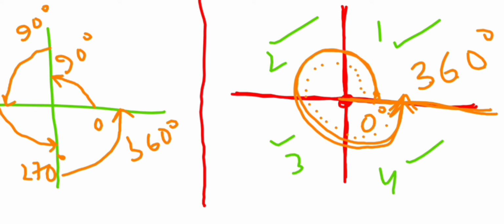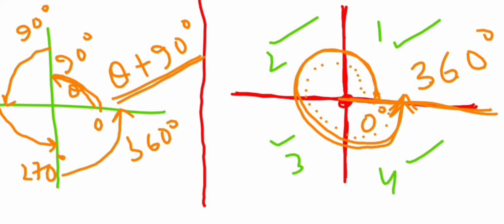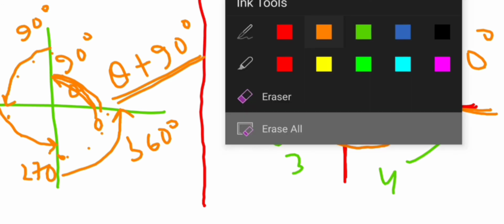So in each quadrant the angle is theta plus 90 degree. The angle is theta. So each quadrant has 90 degree and it increases accordingly. This is the basic concept of angle.